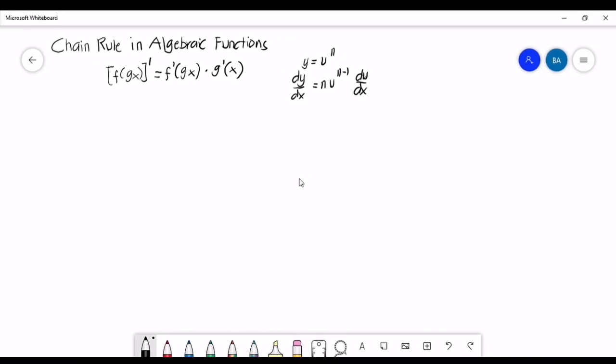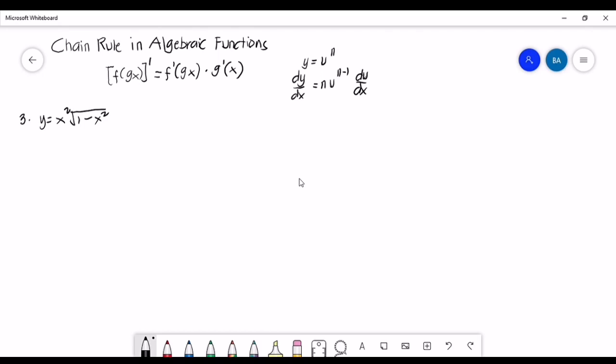Next, let's try another example. Example number 3: what if we have y equals x squared times the square root of 1 minus x squared. At this point, let's apply the substitution method.